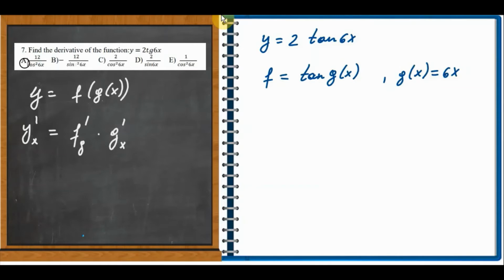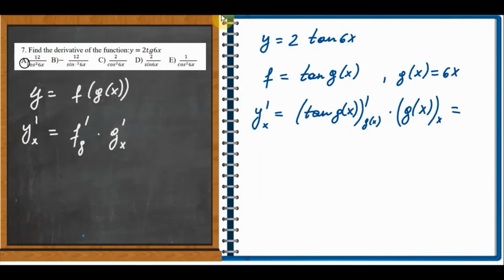Now, in order to find the derivative of y, we will use the same formula: the derivative of y with respect to x equals the derivative of tangent g of x with respect to g of x multiplied by the derivative of g of x with respect to x. Now, what is happening here is we need to know that the derivative of tangent x is equal to 1 over cosine squared x.